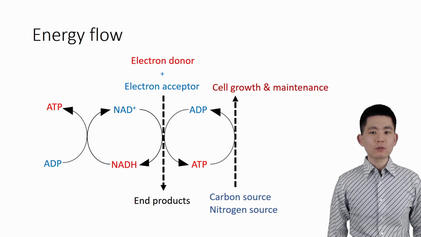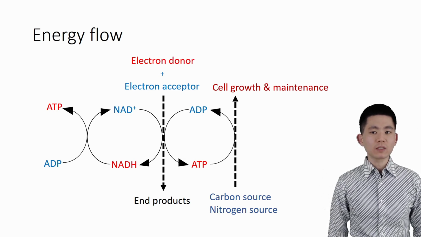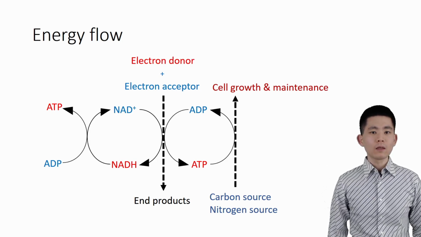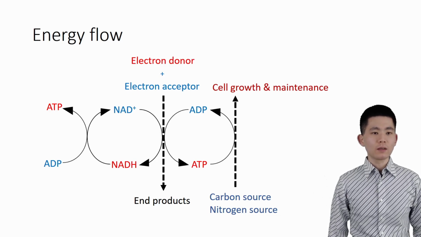ATP is also used for cell maintenance like motility, active transportation, antimicrobial resistance, etc. When there is abundant substrate and low biomass concentration, most of the energy from the electron donor is used for cell growth. When the substrate concentration is low and the biomass concentration is high, most of the energy is used for cell maintenance.